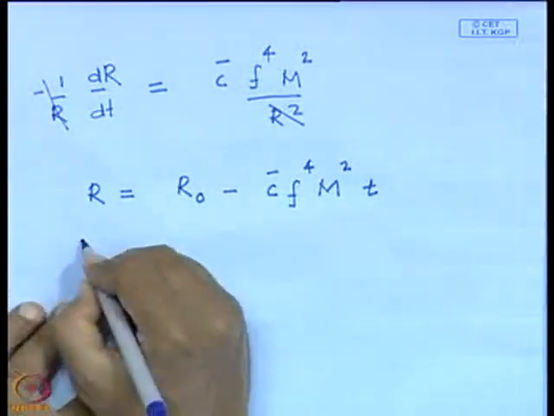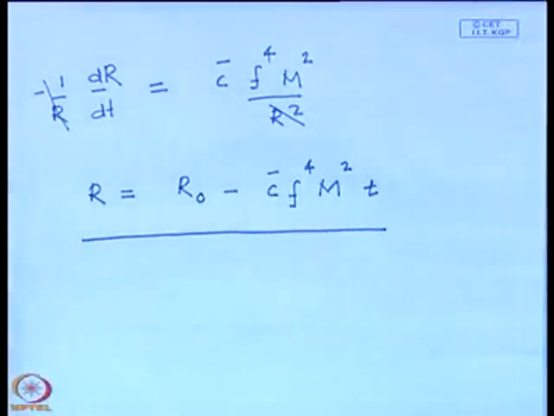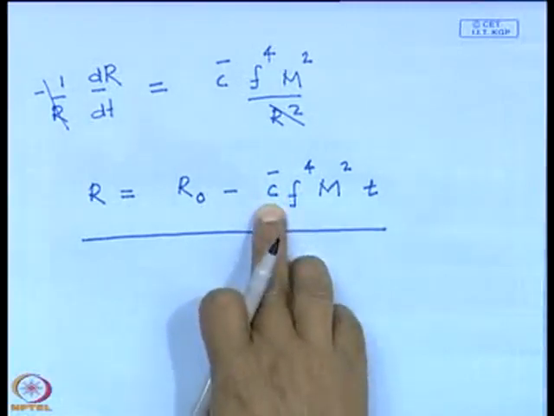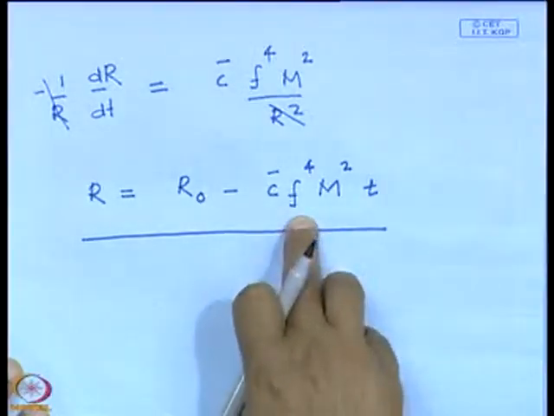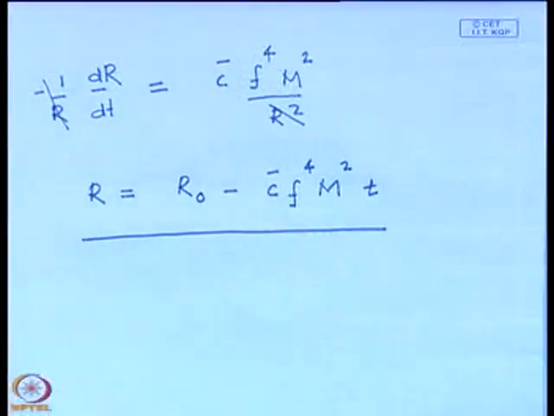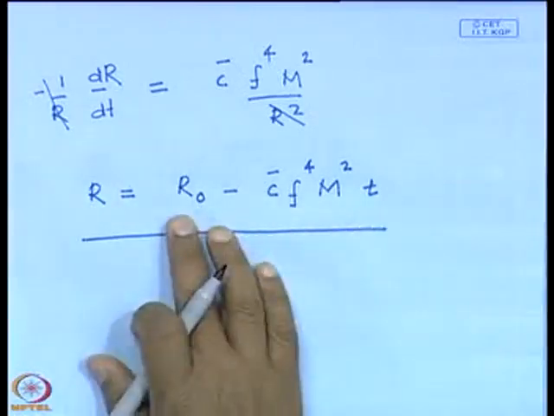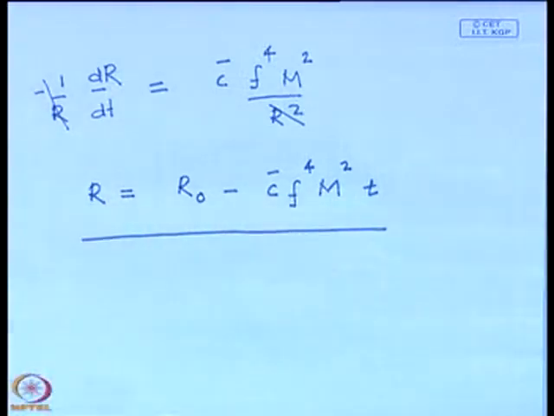So, that is how the radius changes with time, where you can work out exactly what the numerical value corresponding to c bar is by just backtracking a little, and m is the mass of the object, f is the relation between the effective temperature and the virial temperature, t is time. So, at time t equal to 0, the object has some radius r naught, and r will be the radius at some later time t.